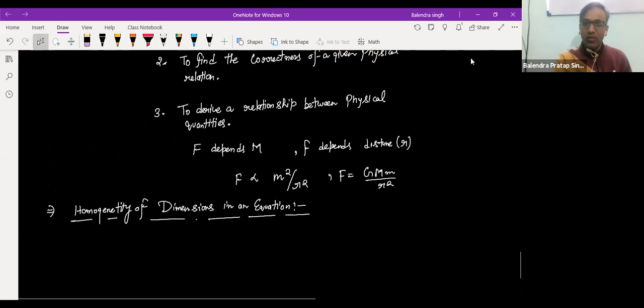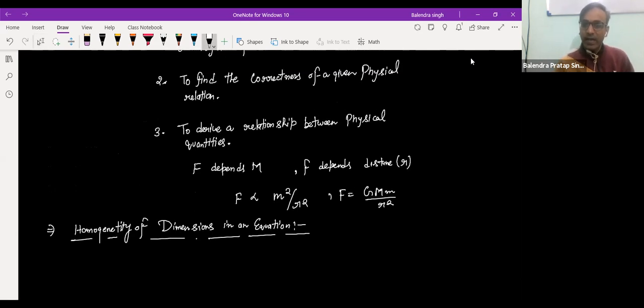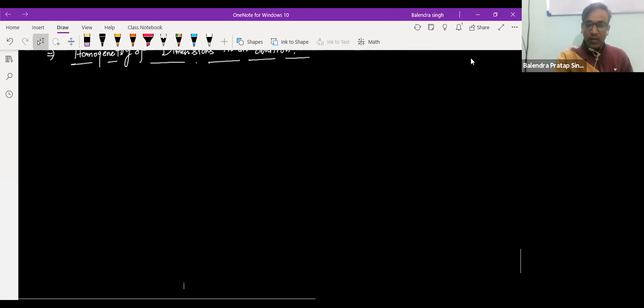So, to find the correctness of a given physical relation or physical quantities: homogeneity of dimensions of an equation.